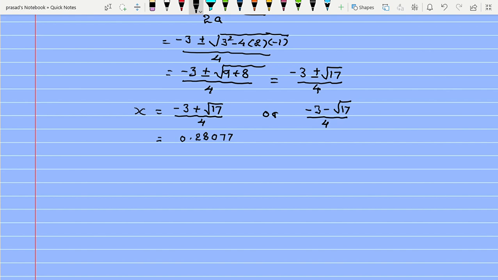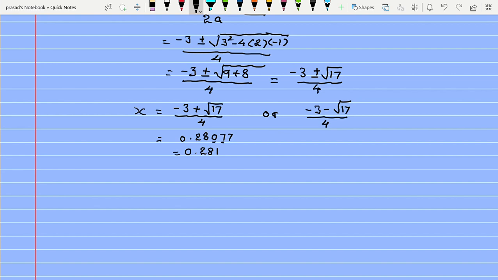Now you want up till three significant figures. Now the third significant figure is 0 and the fourth is 7. So what did you get? Since the fourth figure is greater than 5, write it as 0.281.